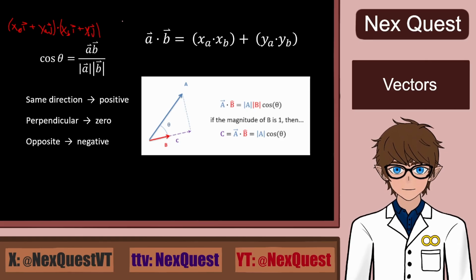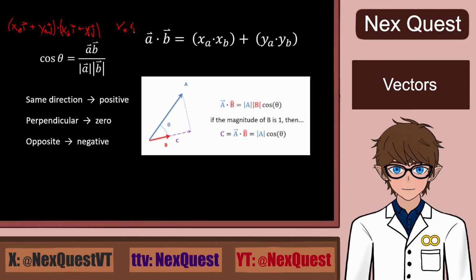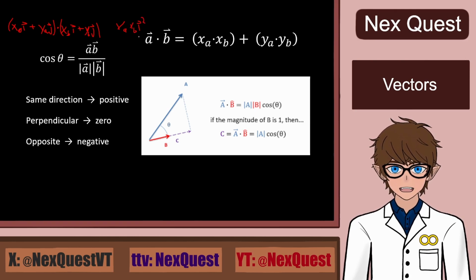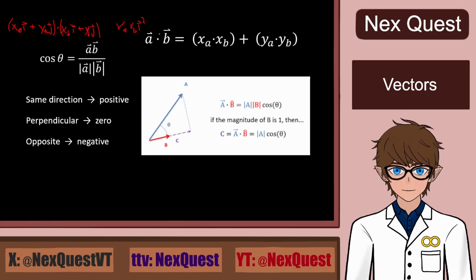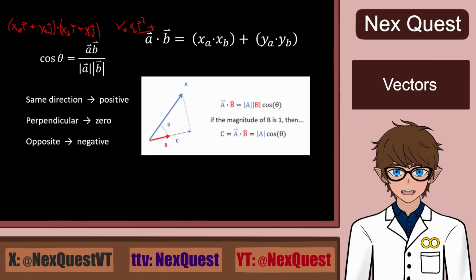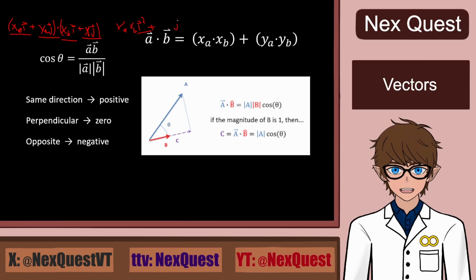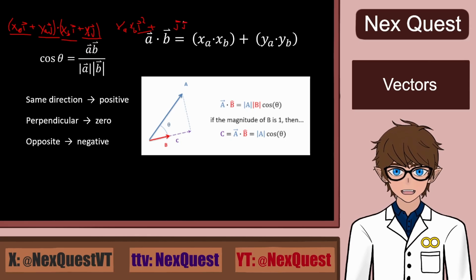Then you multiply all these together, you get xa xb i squared, which is a vector multiplied by itself, which basically gives us 1. And then we have plus this one times this one and this one times this one, and we have the cross product of two vectors that are 90 degrees apart.